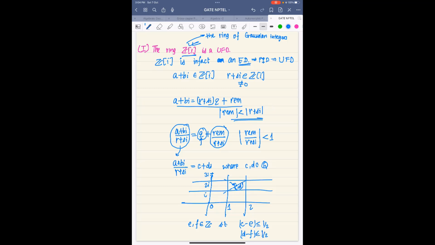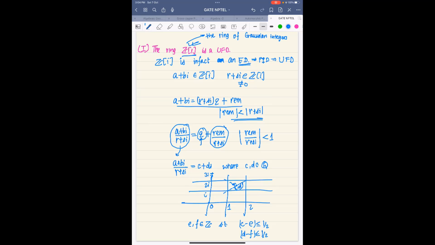We are choosing the nearest integer. For example, if C was 3/4, then E would be 1, and if C was 1/4, then E would be 0. Similarly for D.